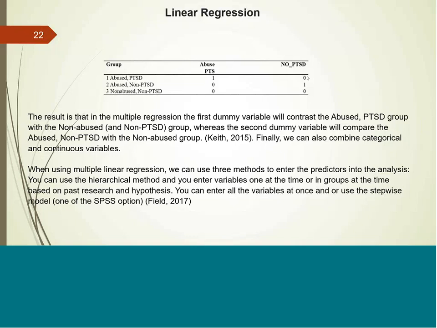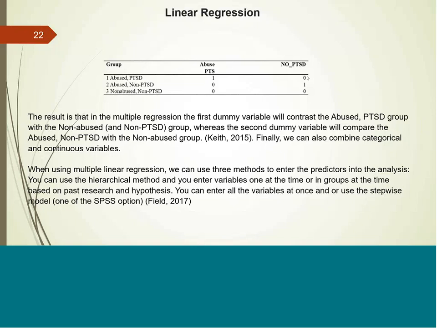And the second dummy variable will compare the abused non-PTSD with the non-abused group. Field, 2015, included in the references, is a wonderful book I recommend that gives a very, very good explanation on how to code these and different ways to do it.